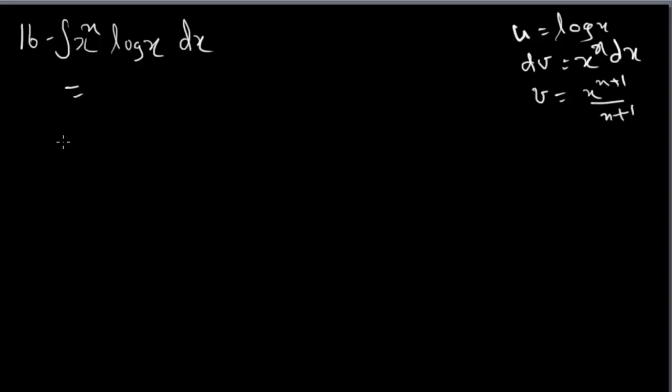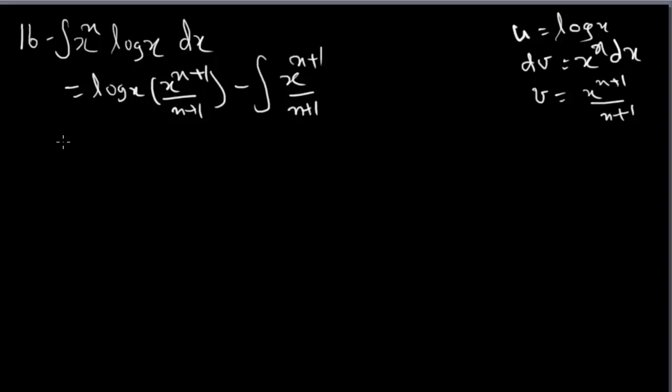Now, uv, u is log x into x power n plus 1 by n plus 1 minus integral v, x power n plus 1 by n plus 1, into du. Differentiation of log x is 1 by x into dx.